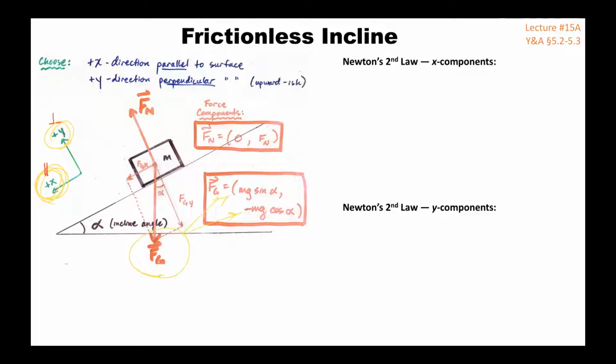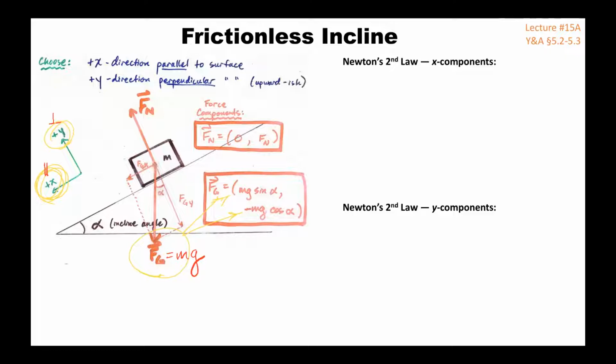So how to do that is, well, we learned a long time ago that to find the x component of a vector, you take its full magnitude, which we know is going to be equal to mg, and then you multiply it by the cosine of the trig angle.